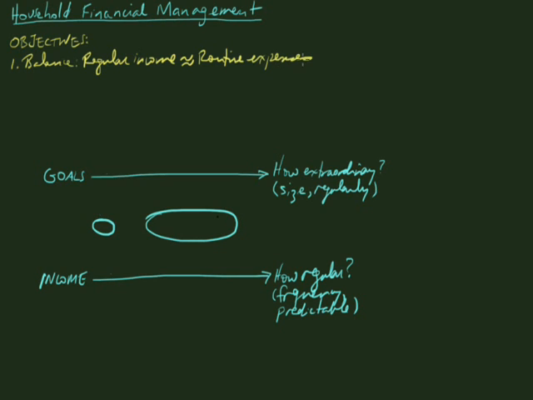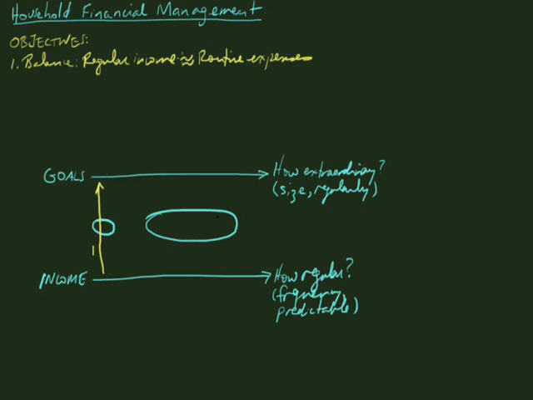We can show that in the picture here, represented by this arrow, that this regular income roughly meets the requirements for the household on a daily basis.